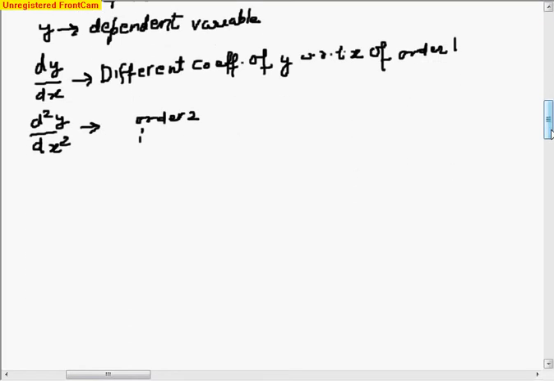right? Now, an equation which contains x, y, and the differential coefficients of the dependent variable y with respect to x is called a differential equation.